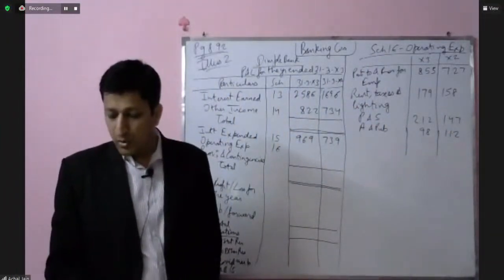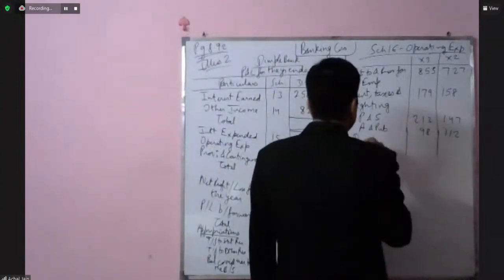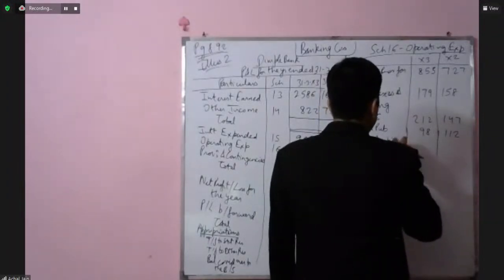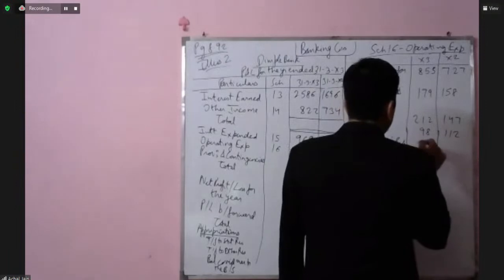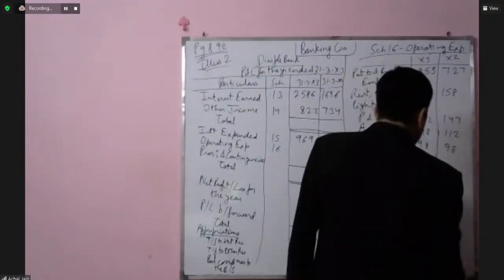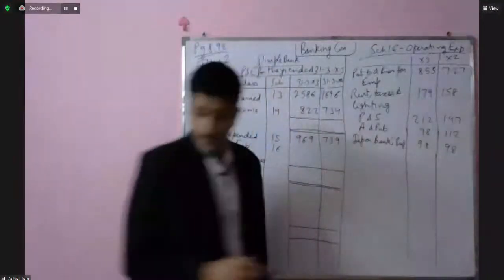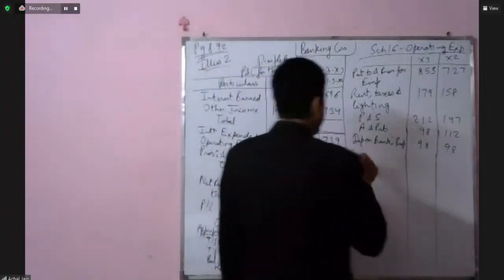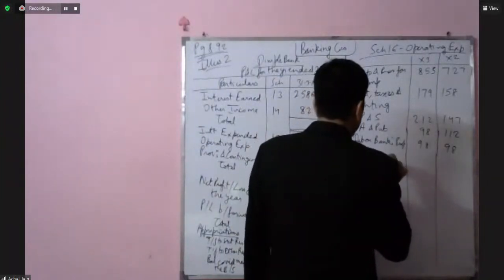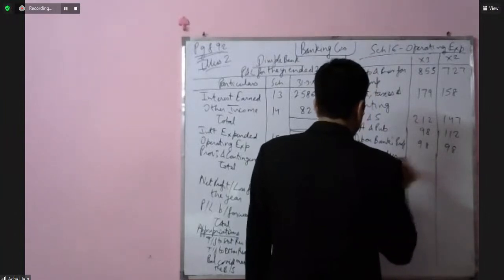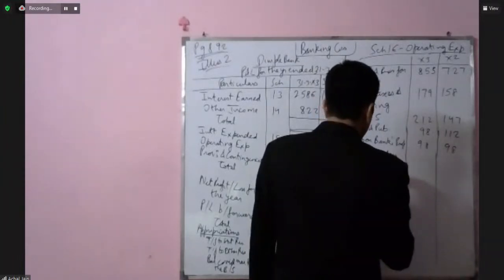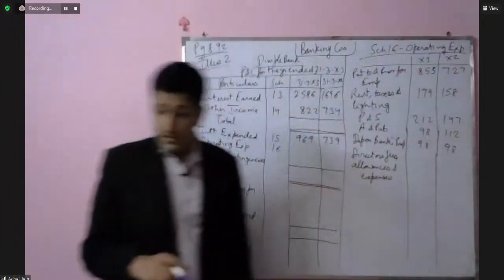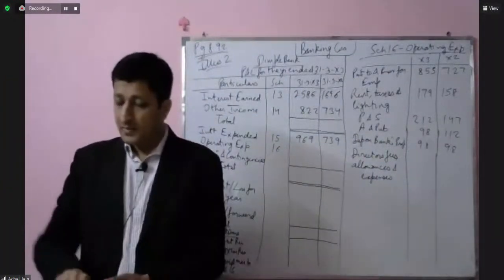Then depreciation on bank's property. Then directors' fees, allowances and expenses.